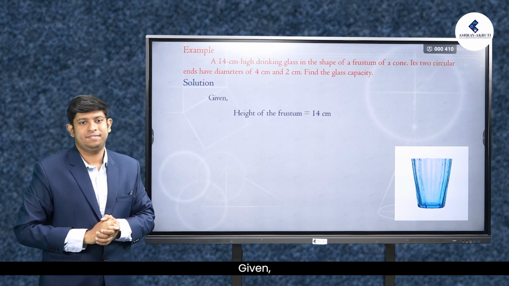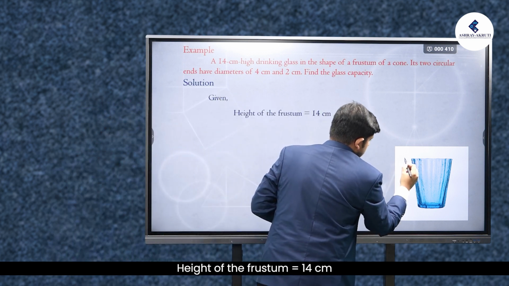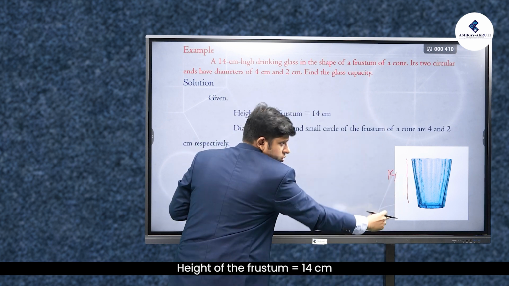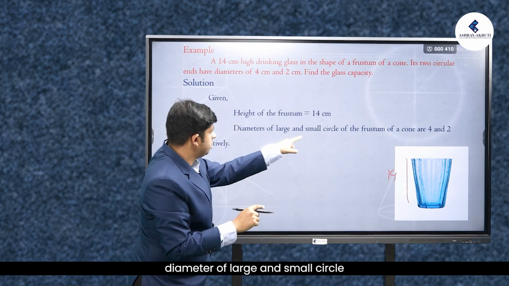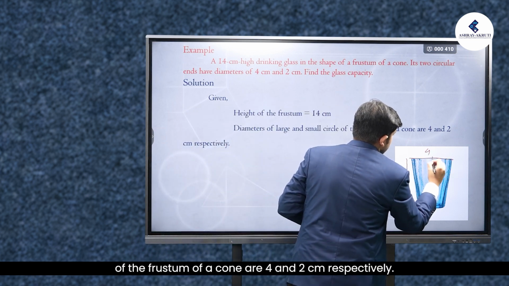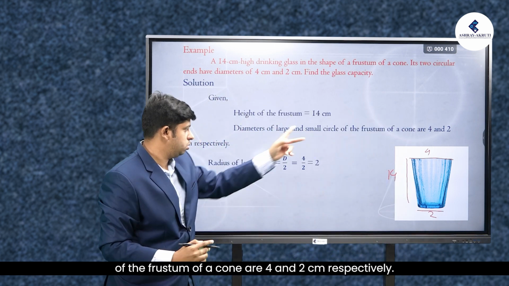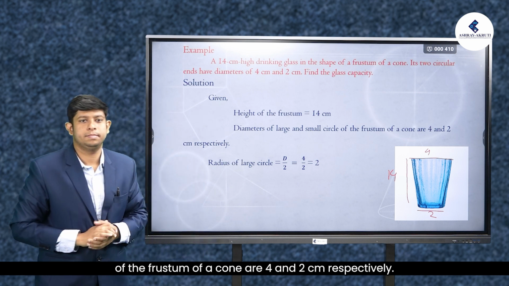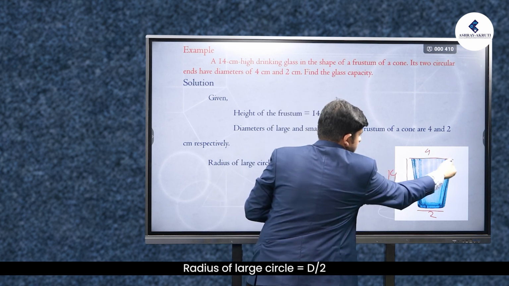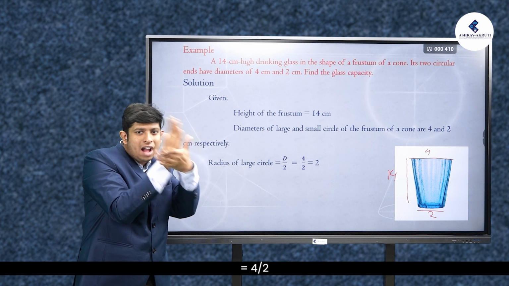Given height of the frustum is equal to 14 cm. Diameters of large and small circle of the frustum of a cone are 4 and 2 cm respectively. Radius of large circle is equal to d by 2, that is 4 by 2.